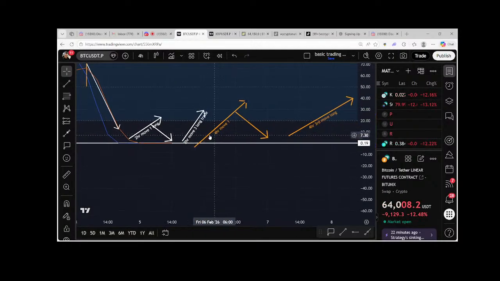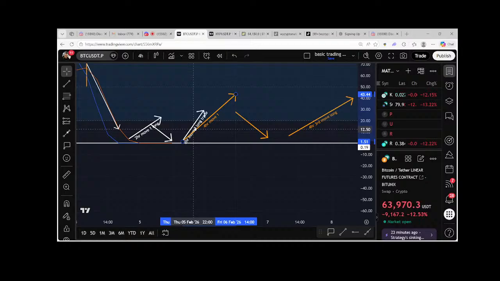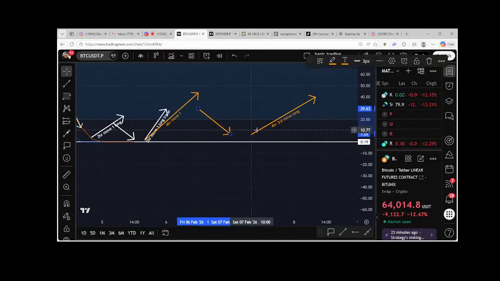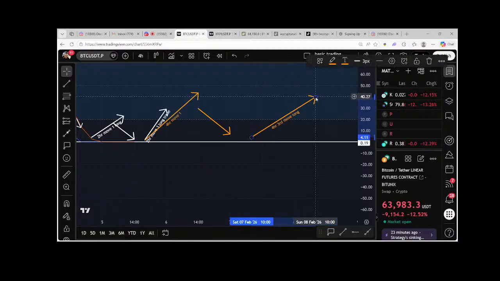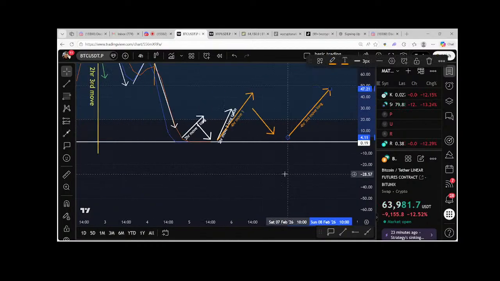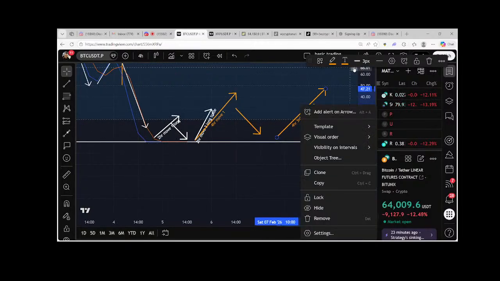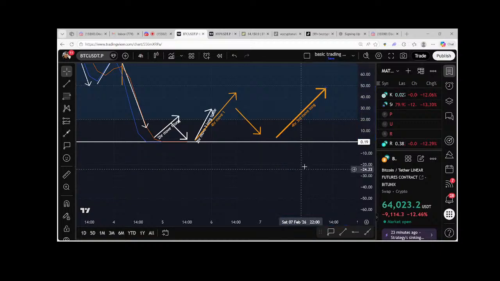That will be the 4-hour first move. Then there'll be a pullback. Then we're looking for the trade that we want, which is the 4-hour third move up, right? This is the big boy. This is the one we want. This is the money.